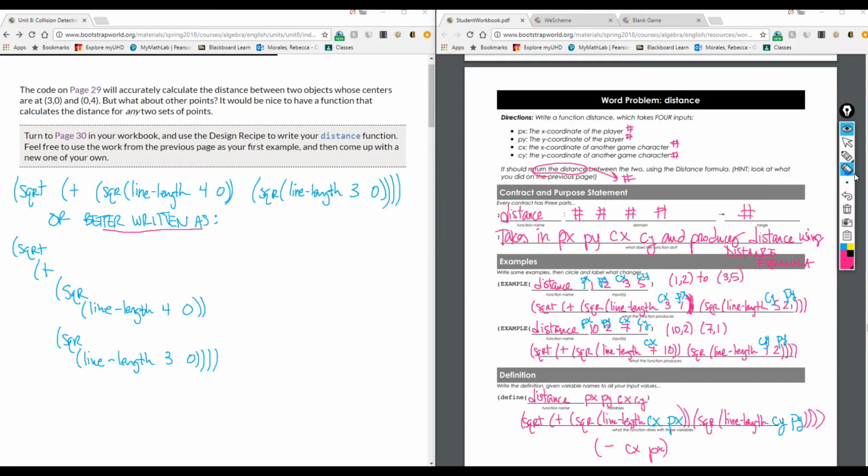That is not a valid distance, and that would cause your program to crash because it's saying that you're getting a negative distance. But line length, so if you'll remember what we did, said, well, if cx is bigger, I'm going to do that subtraction. But if px is bigger, I'm going to do this subtraction. So that's another reason why we want to include line length in this formula, in this definition.